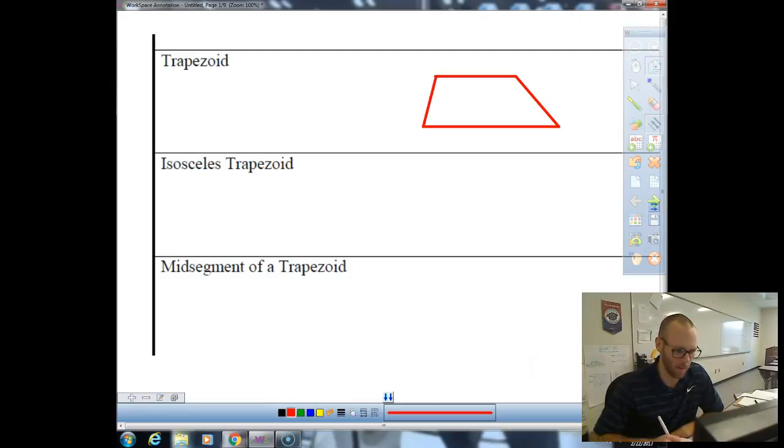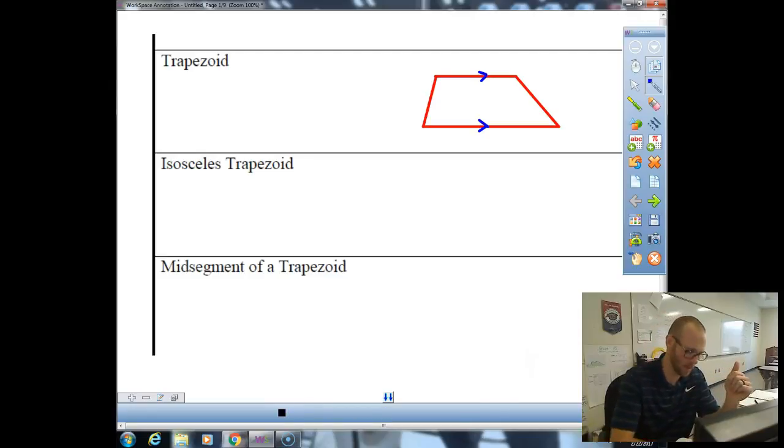Okay, the fact that this side right here is parallel to that side. So when we take a look, we've got a pair of opposite sides that are parallel. Now, how many pairs? Exactly one. And that's how we define a trapezoid to be different than a parallelogram. We define a parallelogram to have two pairs of parallel sides, where the trapezoid has exactly one. It does not have two.